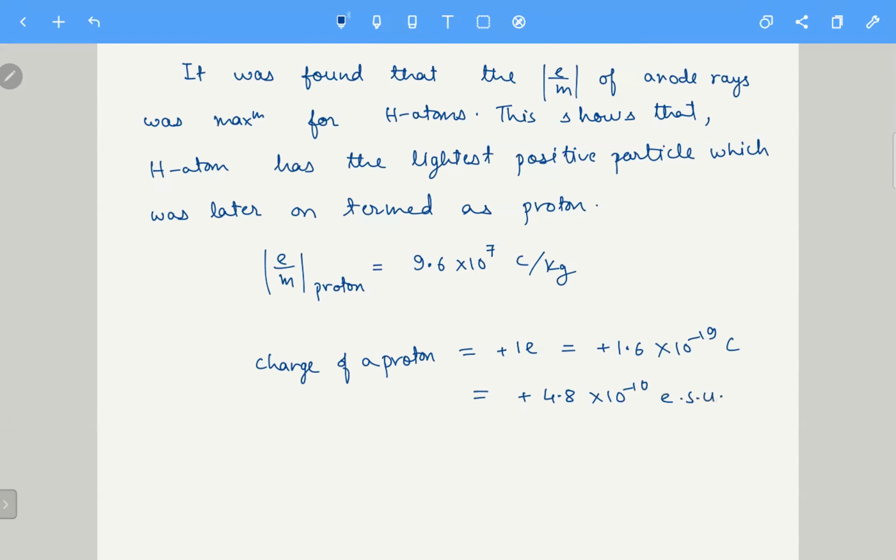So from here, we can find out the mass of proton. Mass of proton is equal to e upon e by m, 1.6 into 10 raised to minus 19 upon 9.6 into 10 to the 7.